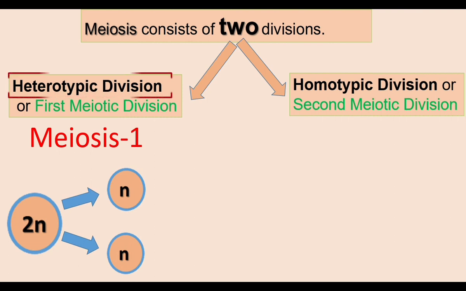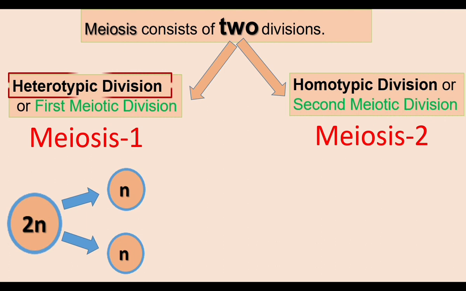Here the chromosome number of the daughter cells changes, so it is a heterotypic division. There is a change in the number of chromosomes between the parental cell and the daughter cells, so it is called heterotypic division.